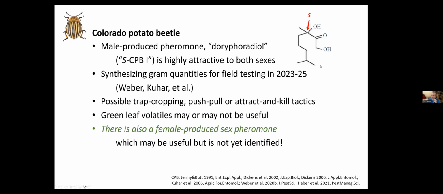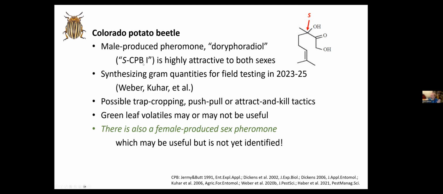And almost 20 years ago, Dick Dickens of our lab, who's now retired, discovered that this molecule here was the male-produced aggregation pheromone of the Colorado potato beetle. And I put a little S there that says what the isomer is, because the other one, the R isomer, isn't active at all. He called it, and I hate this name, SCPB1.